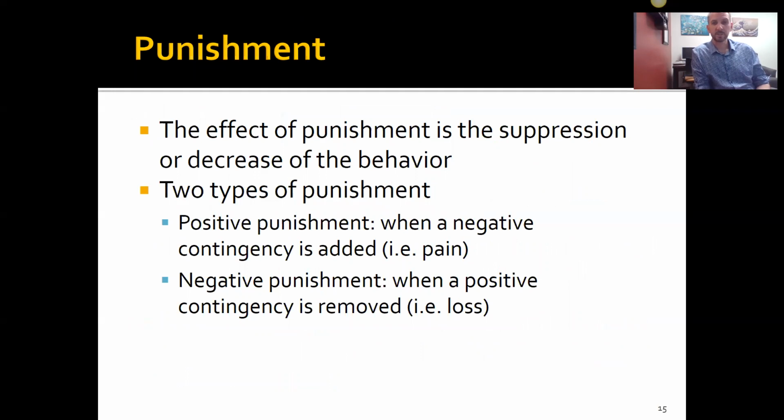Now, punishment has the same ideas: positive punishment and negative punishment. Positive punishment is when a negative contingency is added. So let's say that if she were to yell at her brother and hit her brother or something like that, and we say, okay, you hit your brother, you're going to have to eat your peas.